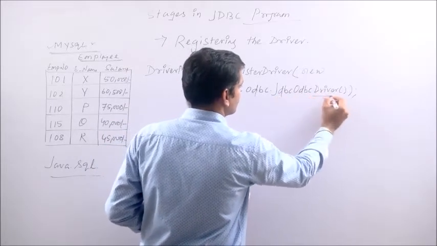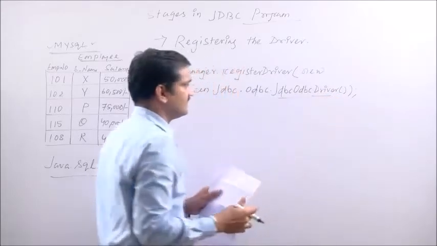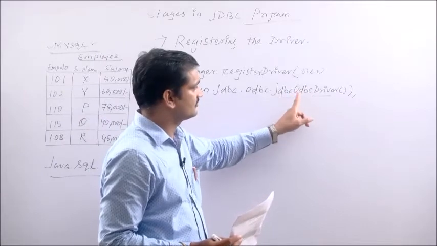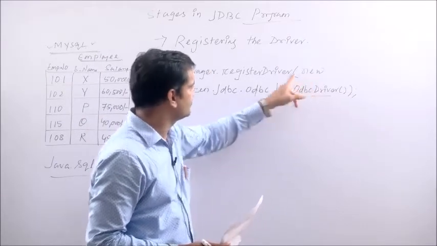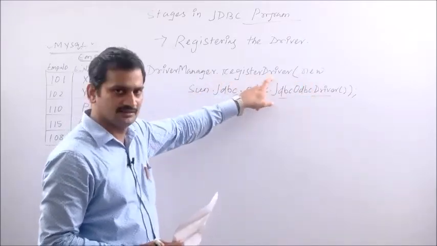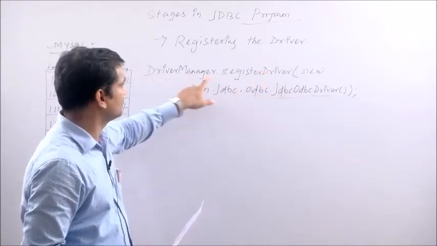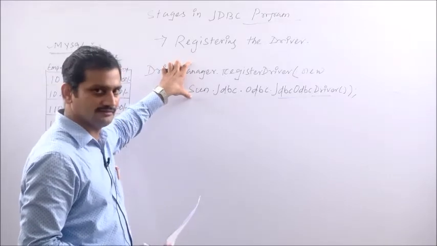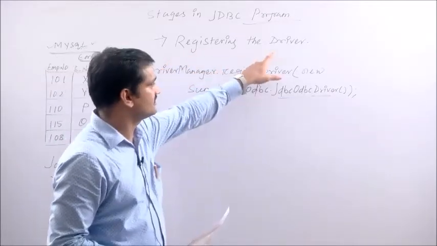Here it calls the constructor of JdbcOdbcDriver, which creates an object, and that object is given as an argument to the registerDriver method, which is a part of the DriverManager class. This will be the statement to register a driver. This is the first statement, how we can register a driver.